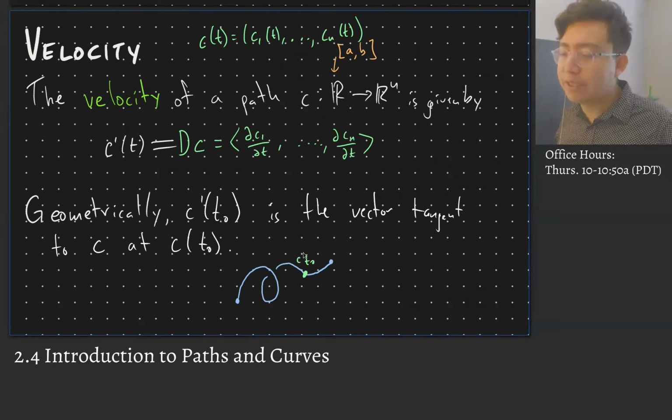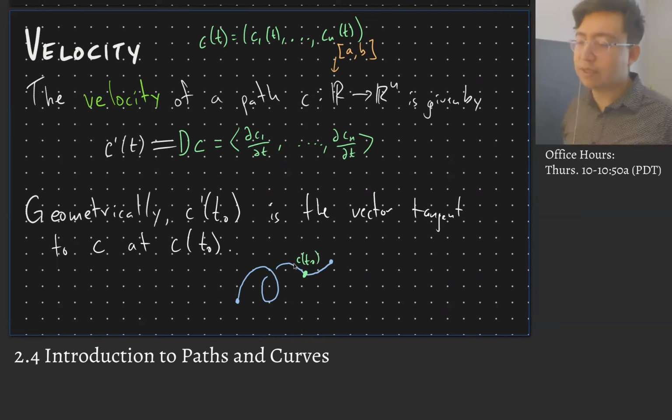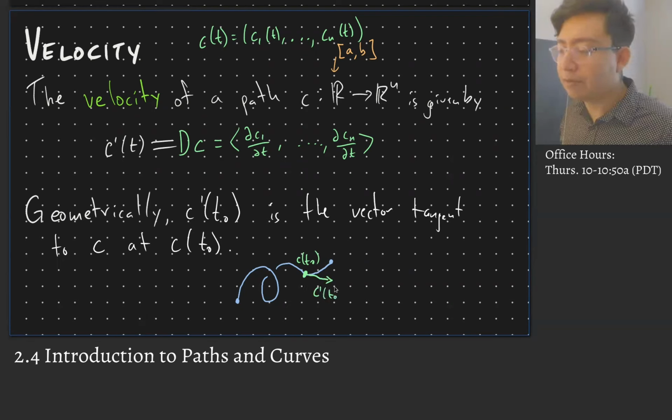This I guess should be C of t naught, right? You plug in t naught, this is where we end up, and you get a vector kind of tangent to it. It's kind of shooting off like this. And this vector here is C prime of t naught.